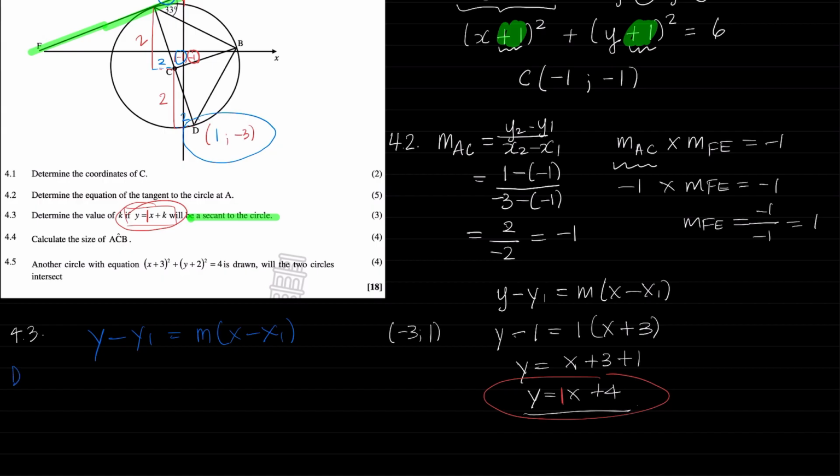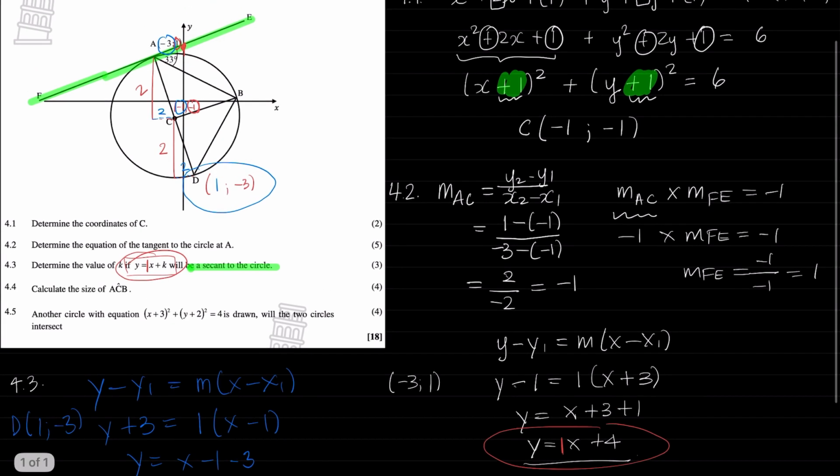Now at point D, that's 1 and -3, y plus 3 is equal to 1 into x minus 1. So y is equal to x minus 1 minus 3, y is equal to x minus 4. So what that means is, if we draw a line that is parallel to that green line, that line will look something like this.